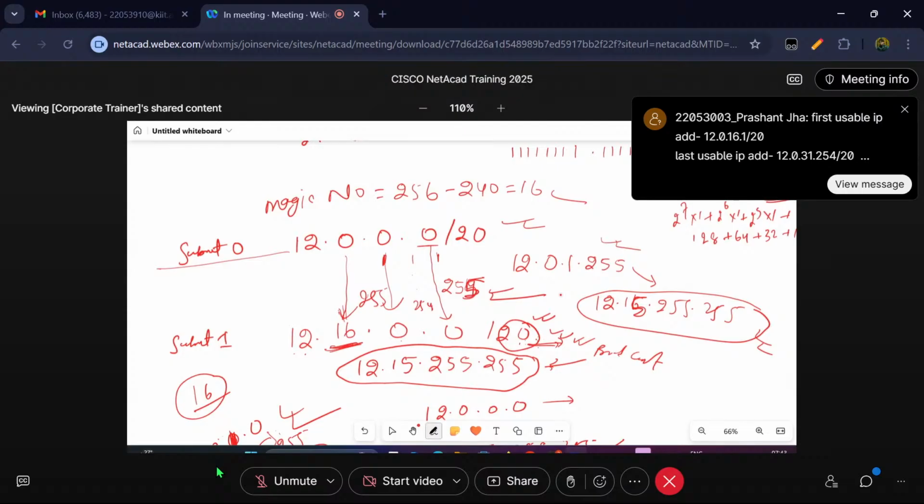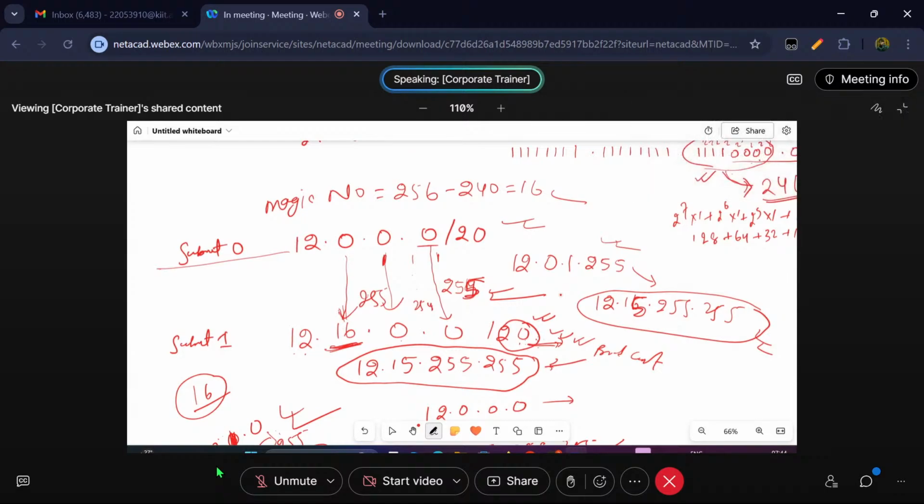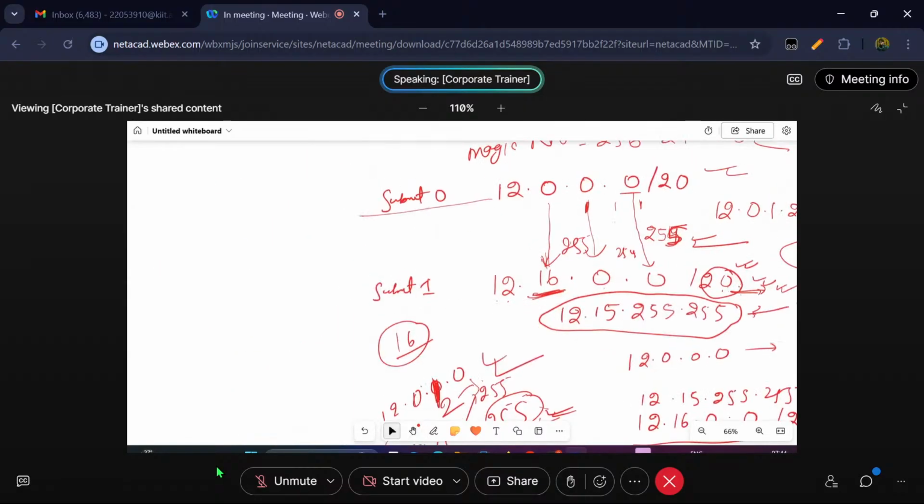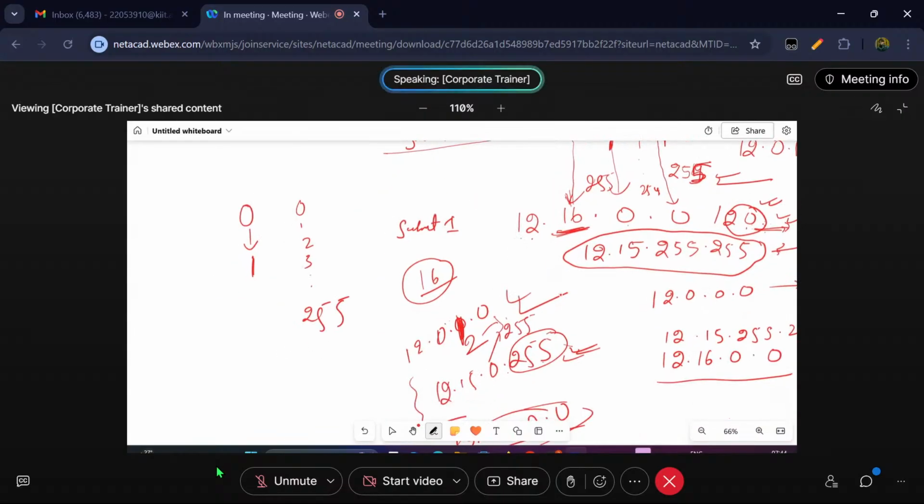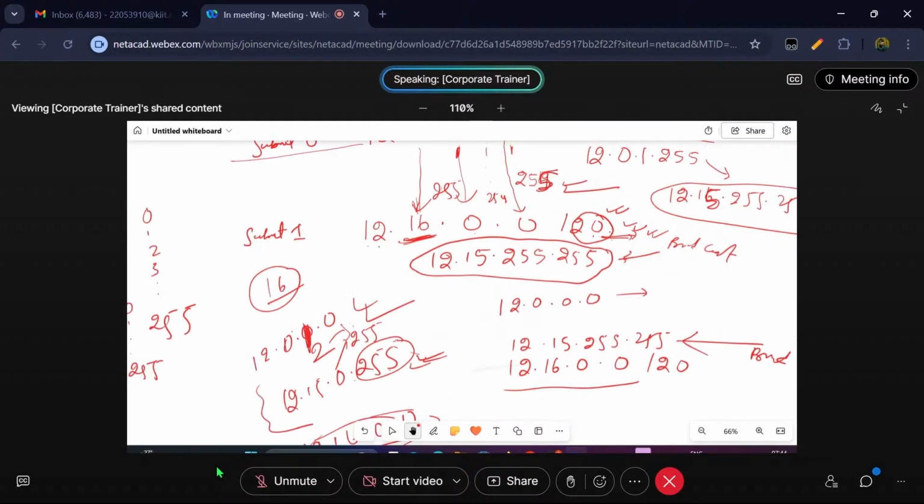Because if you change in the third octet, in each and every section you will get more than 1000 IPs, from each changed value, like 0, 1, 2. If you start from 0 and change to 1, it will again start from 0, 1, 2, 3, and go up to 255. Again when it changes to 2, it starts from 0, 1 and goes up to 255. That way you can configure so many IPs.